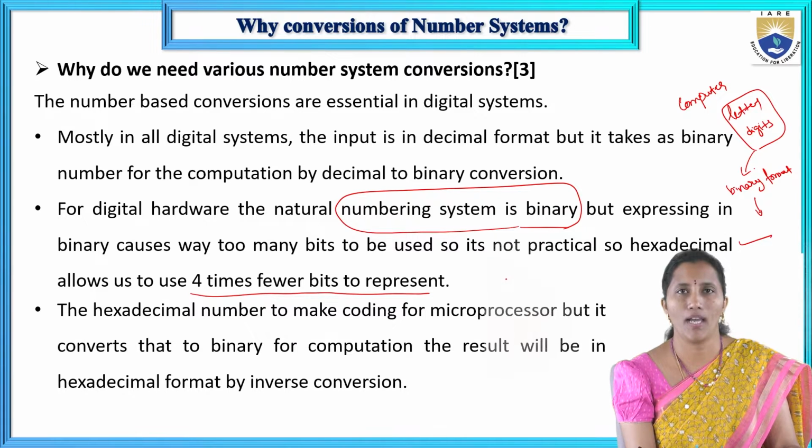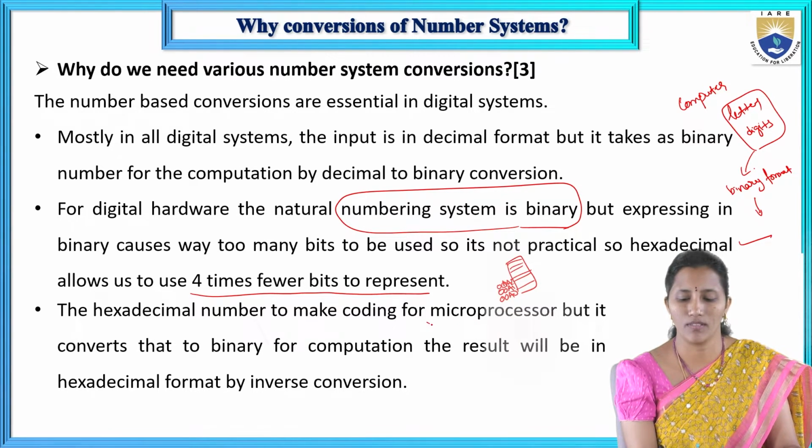Hexadecimal numbers are mostly used in microprocessors, for programming or for memory locations, like 0000A1. So to represent memory locations or for programming in microprocessors, we use the hexadecimal number system.